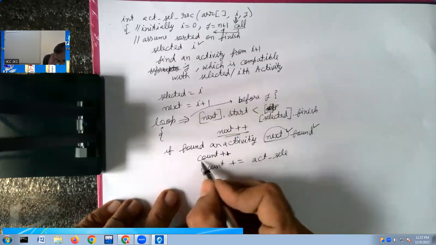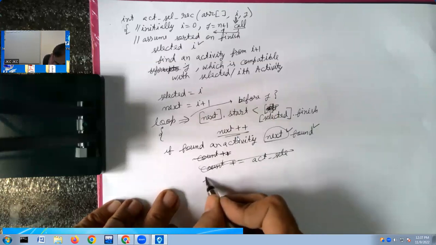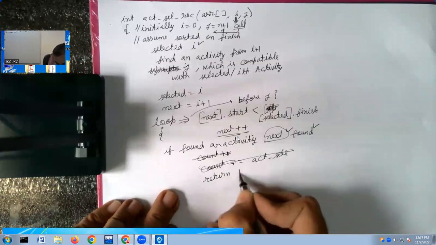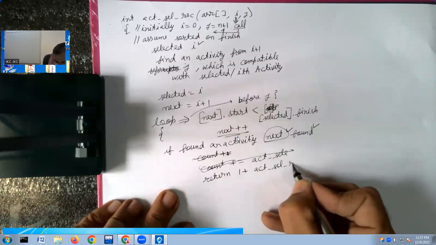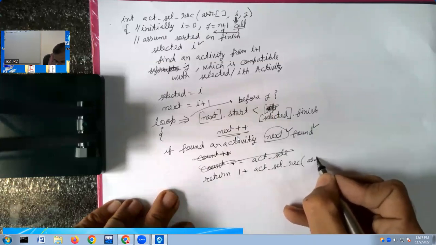So for count, either you can have a global variable, or simply I can say return 1 plus activity selection with recursive, same array being passed.